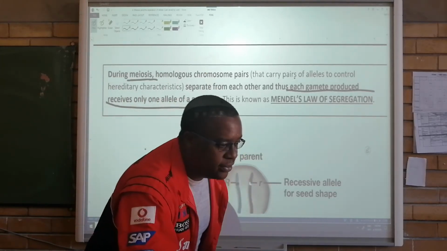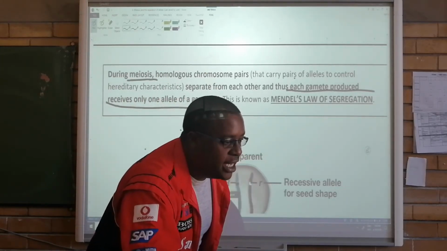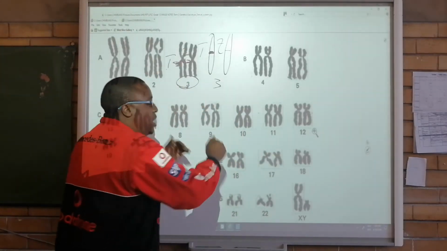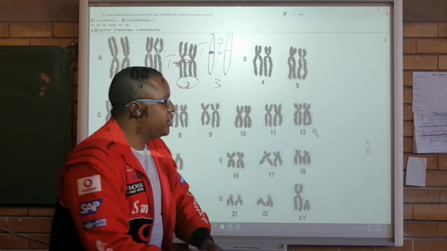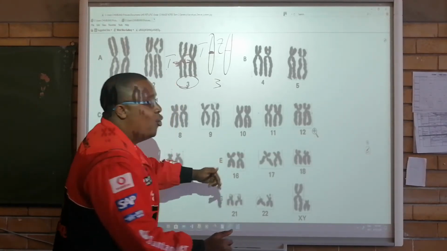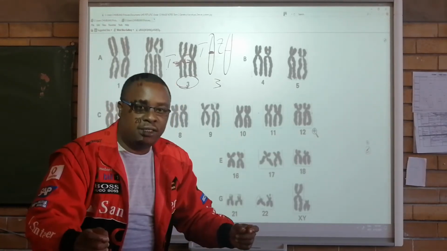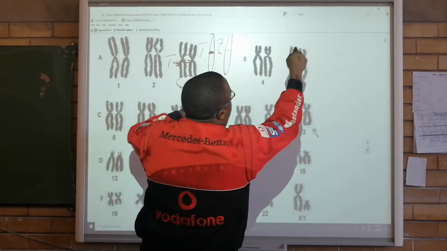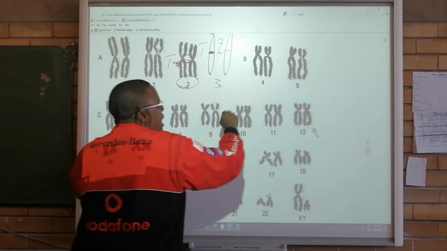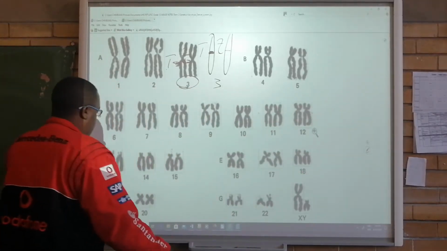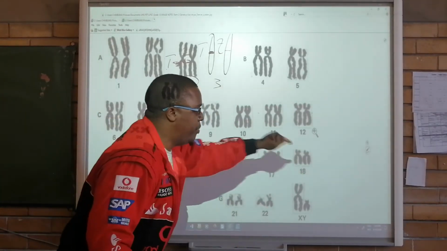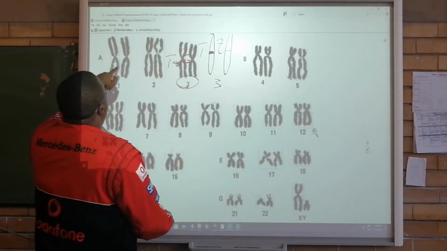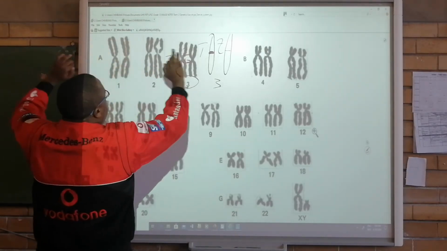In other words, to make it nice and simple for you, in Mendel's law of segregation, every time meiosis occurs, each homologous chromosome pair, and bear in mind that each chromosome of that pair is carrying alleles, is going to split.